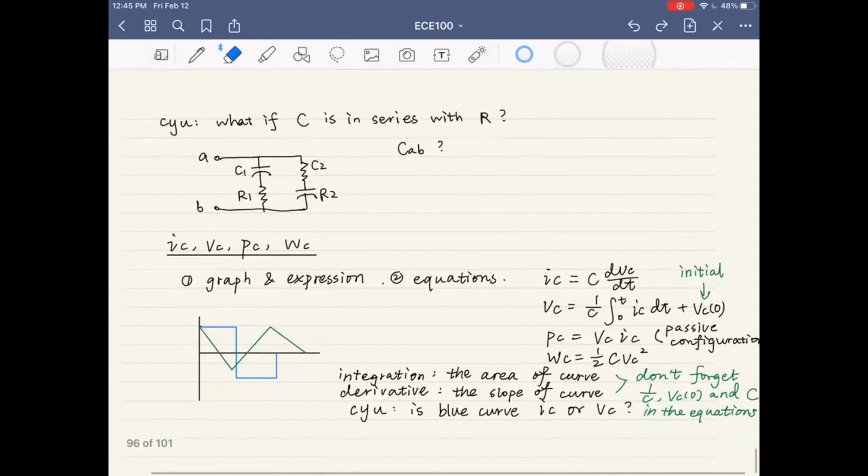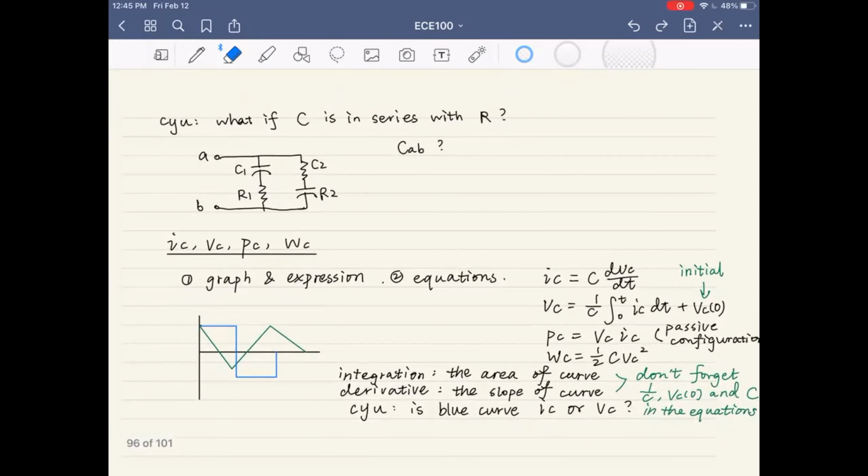Okay, let's move on. Check your understanding question. What if C is in series with other elements, for example, resistance here? Can we still apply the parallel equations? For example, you see that C1 and C2 are parallel. Can we apply the parallel equations here?